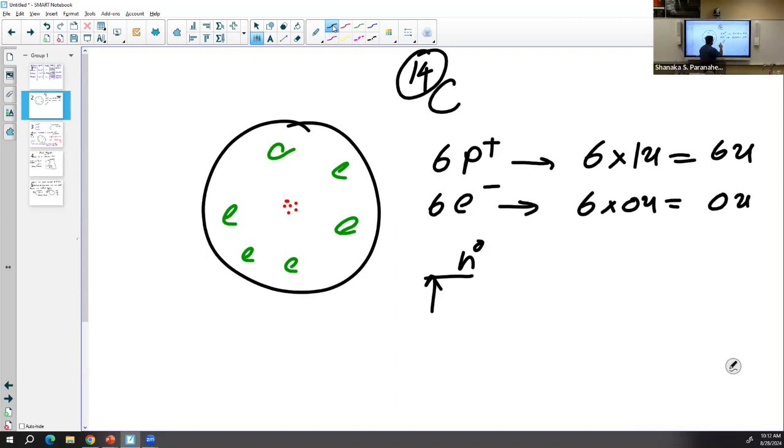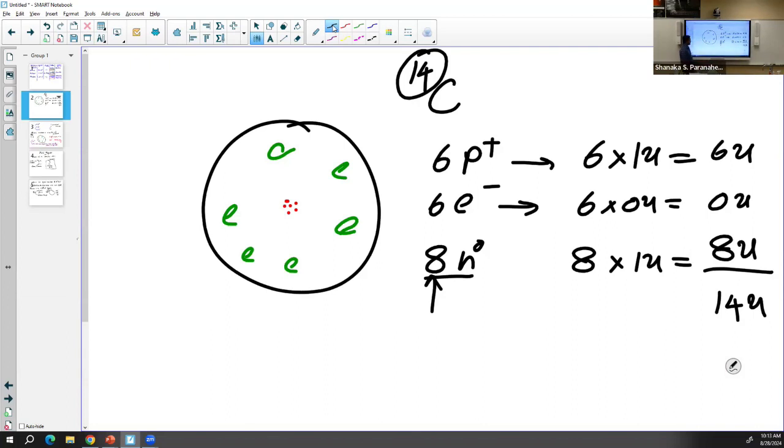So then we have a certain number of neutrons. Mass of a neutron is 1. So we are going to get a number, and when we add all these numbers, answer is supposed to be 14. So in order to get 14 as a total mass, we need to have 8 atomic mass units here. So since 1 neutron is 1 atomic mass unit, number of neutrons is 8.